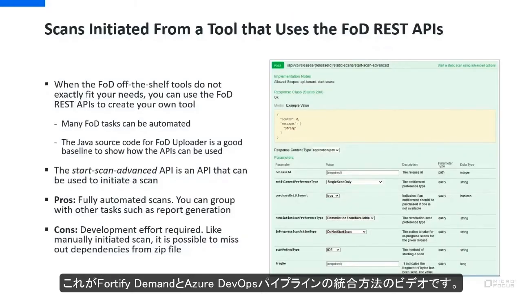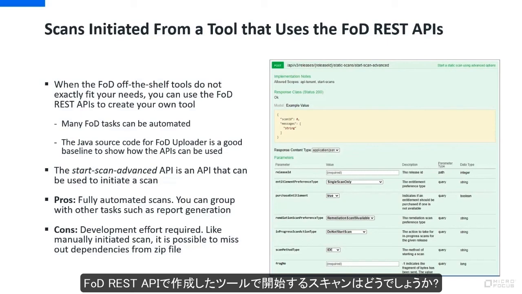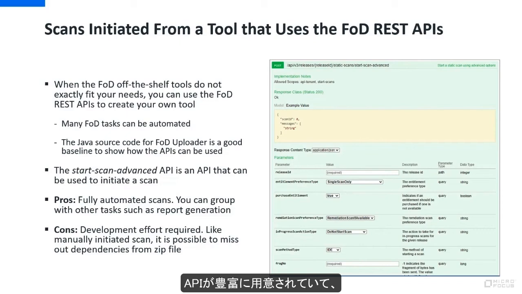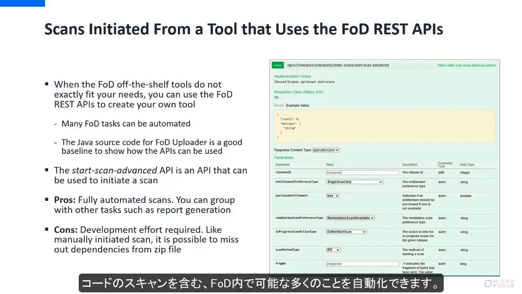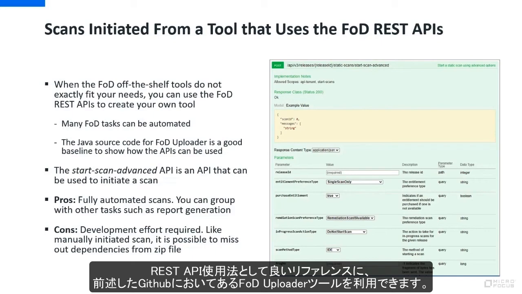What about scans initiated from a tool that you create using the FOD REST APIs? We have a bunch of APIs that are available to you that enable you to automate a lot of what you can do within FOD, and that includes scanning code. A good reference point for the REST APIs is actually the FOD uploader tool that we talked about earlier that's available on GitHub.